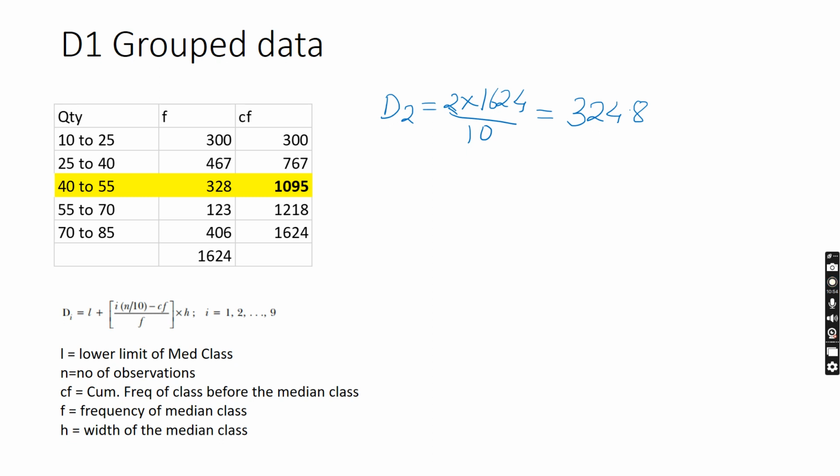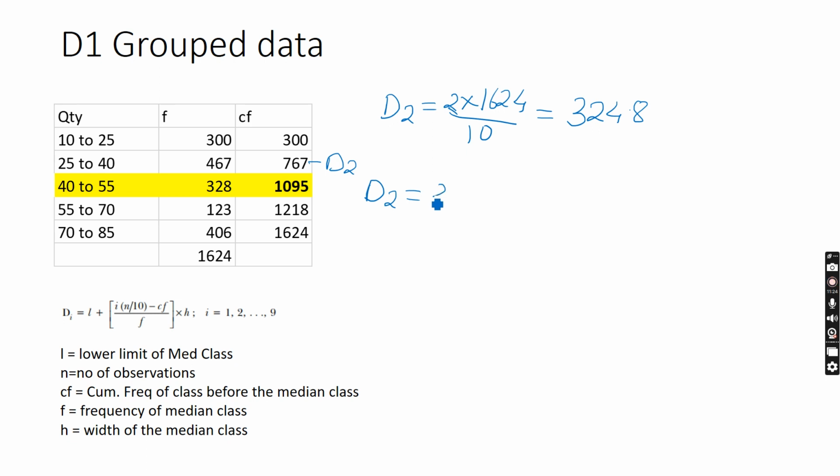It is 324.8. Now, if you see cumulative frequency, the 324 position cannot be in the Q1 class. So in this case, this becomes my D2 class. Once I identify this, my calculations are the same. So I write D2 equals L, which corresponds to the lower limit of the D2 class. So in this case, 25 to 40 becomes my D2 class.